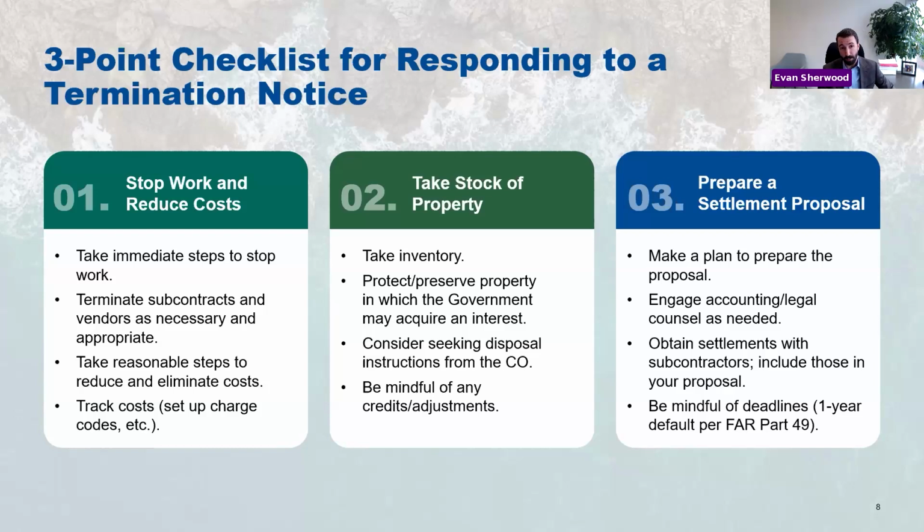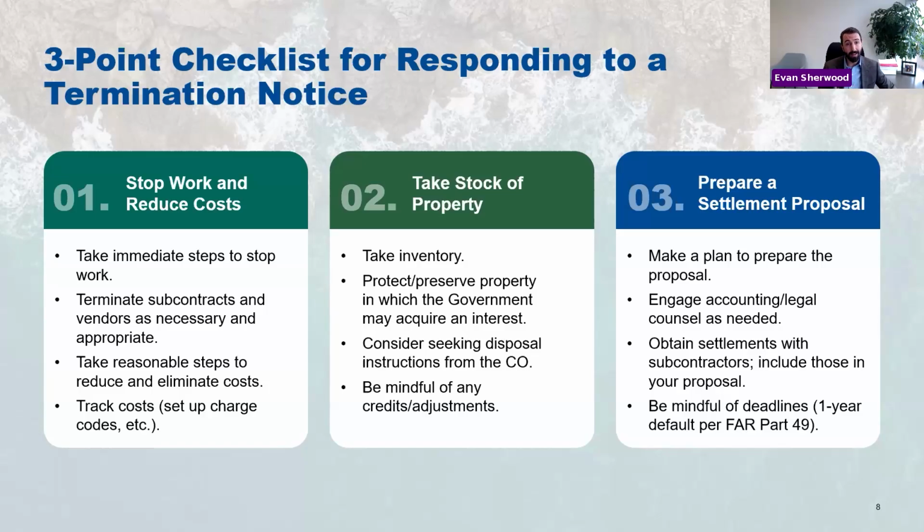So even if you had a fixed price contract, you might suddenly find yourself needing to track your costs. That may mean setting up new charge codes. That may mean, even if you're already tracking costs with a fairly high degree of fidelity, you may need to set up new charge codes for your termination settlement administrative expenses for the time spent on the termination settlement proposal. That's one.